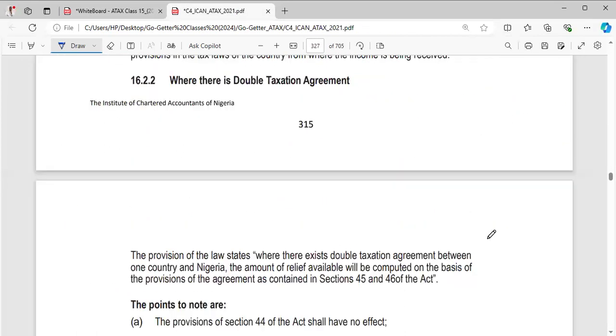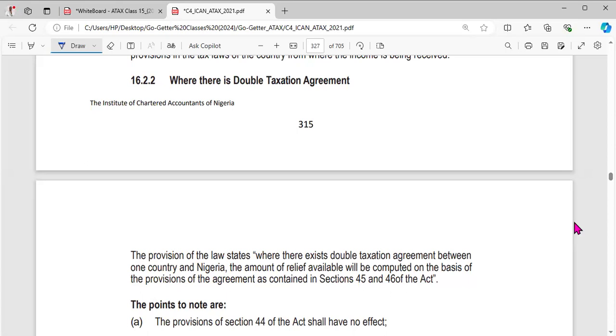So, the provision of the law states that where double taxation agreement exists between one country and Nigeria, the amount of relief available will be computed on the basis of the provisions of the agreement as contained in section 45 and 46.